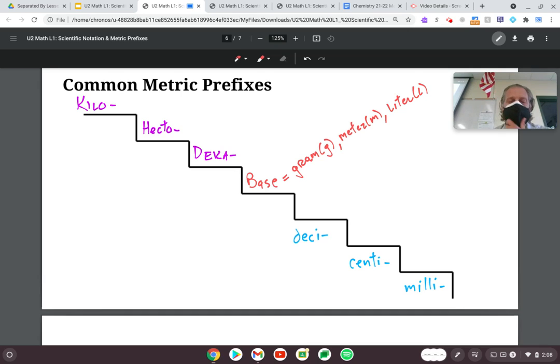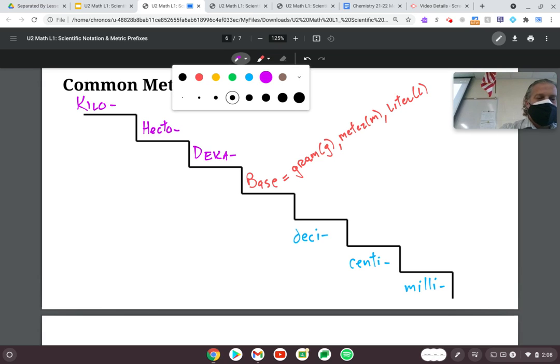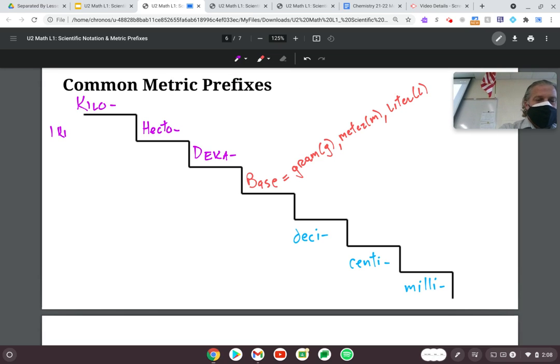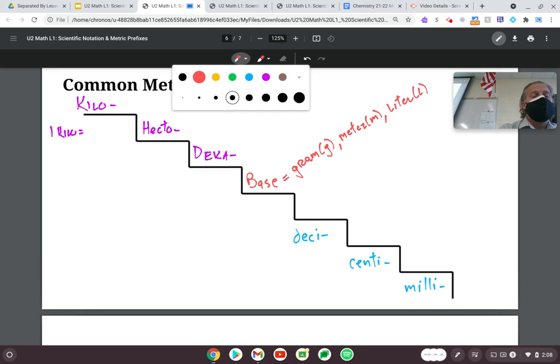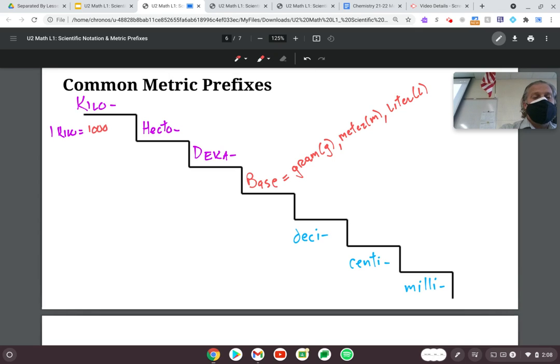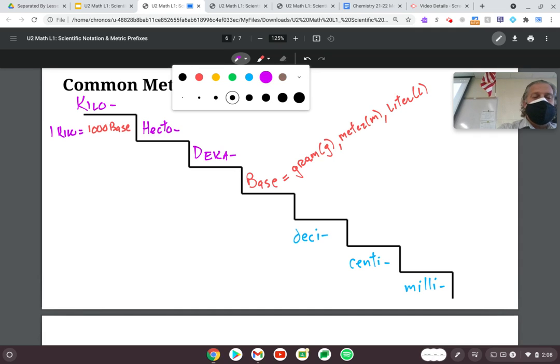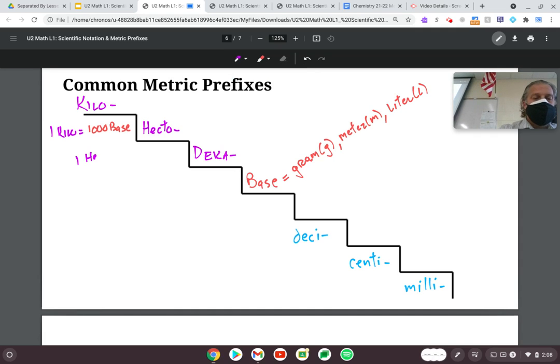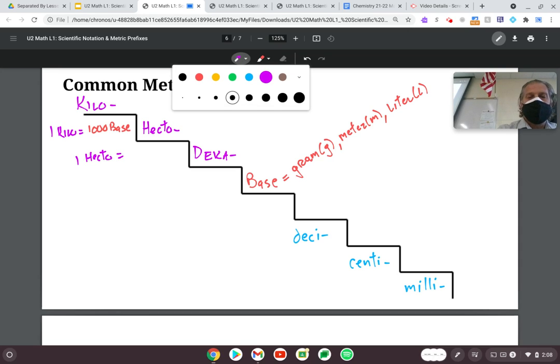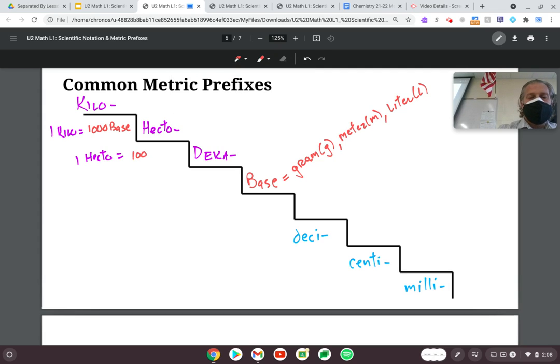Now, the relationship of a kilo says that 1 kilo equals 1,000 base units. And 1 hecto equals 100 base units.